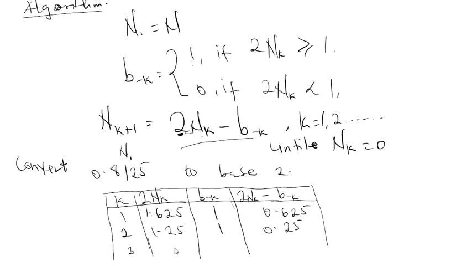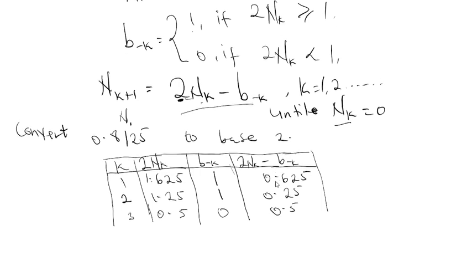You keep on doing it until our n_k is 0. When you multiply by 2, you get 0.5, and this is less than 1, so our b_-k will be 0. Then we subtract, and still get 0.5.